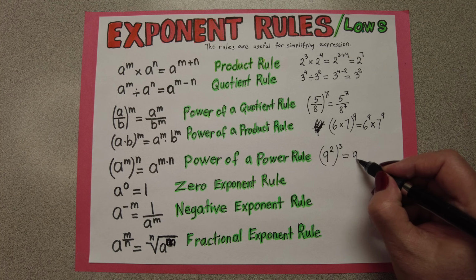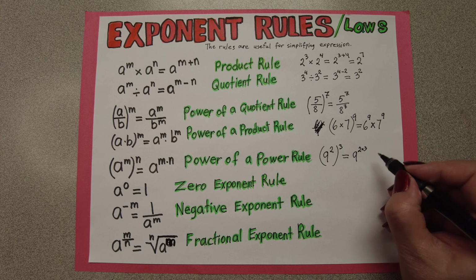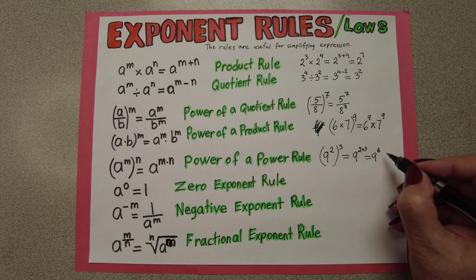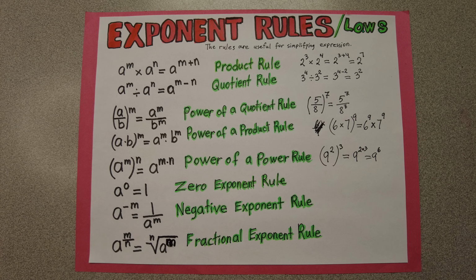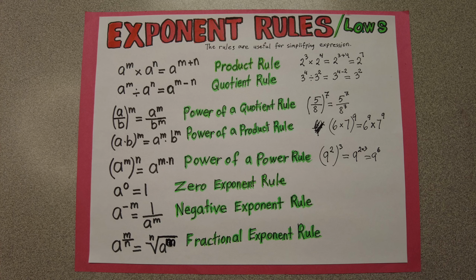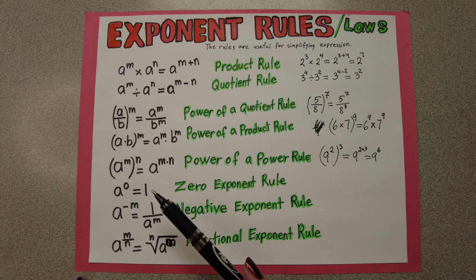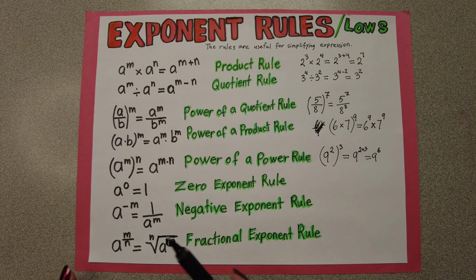It's going to be 9 to the power of 2 times 3, which is 9 to the 6th power. Those are very important. We use them in many expressions and problems. This is the basic part of exponents you need to memorize if you want to continue to learn math.